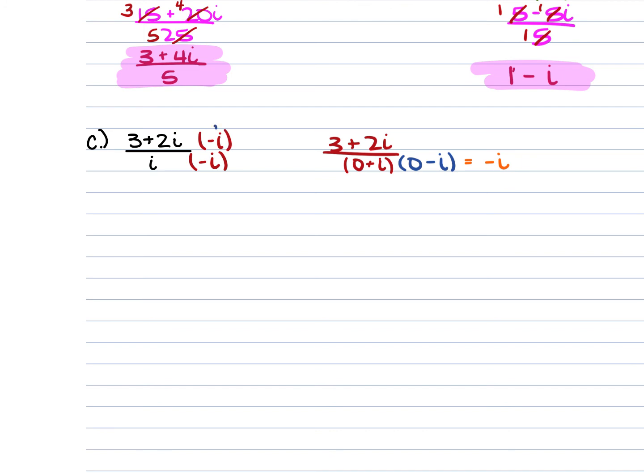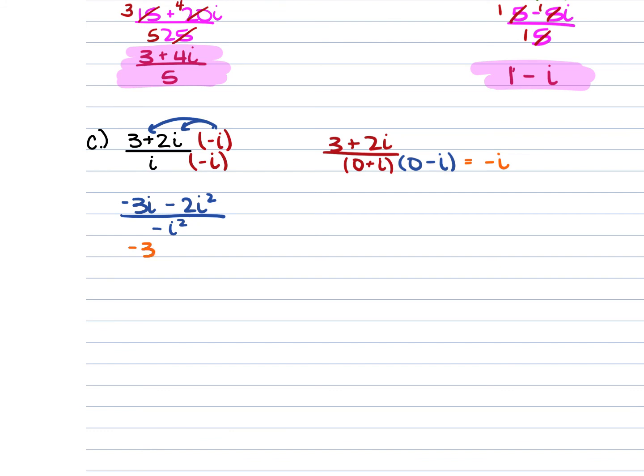Distribute it in to the top. So 3 times negative i is negative 3i. 2i times negative i is negative 2i squared. This is all over i times negative i, which is negative i squared. From here, simplify with this, that i squared is negative 1.